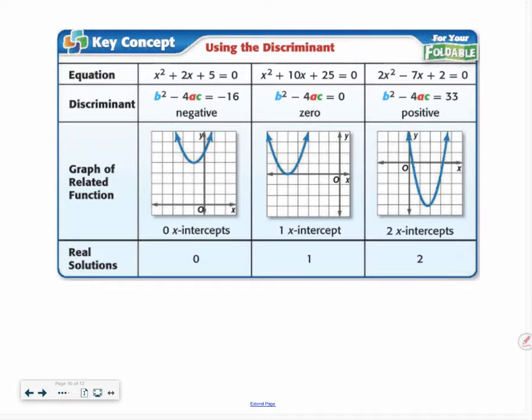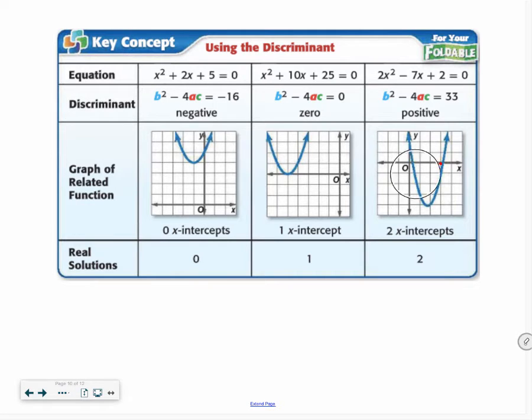But if you look at our first graph, you see there is 0 x-intercepts, so there's 0 real solutions. It never touches our x-axis. The middle column, it touches once, so there's 1 real solution, and the last one, it touches the x-axis twice, so there's 2 real solutions, okay?